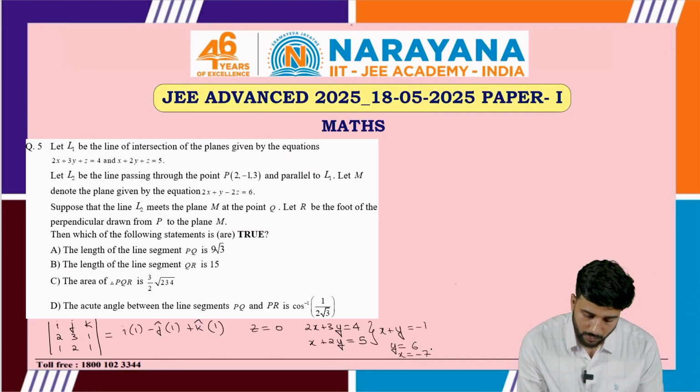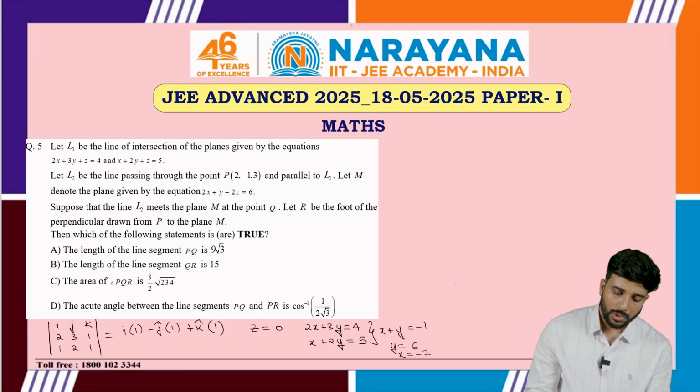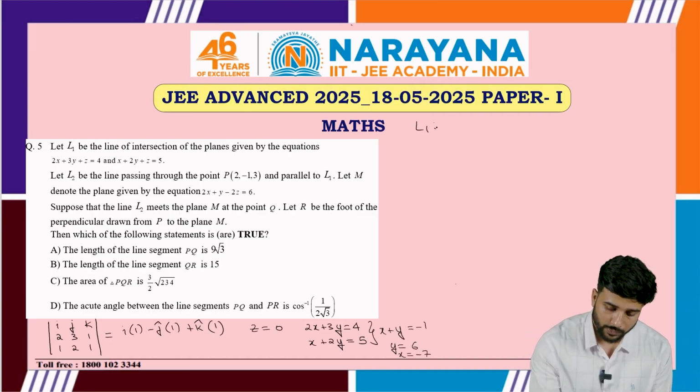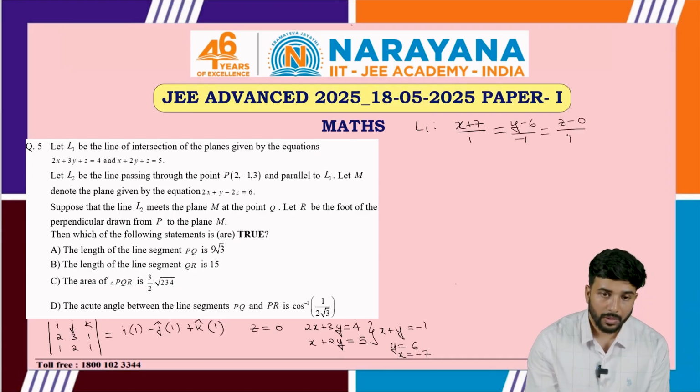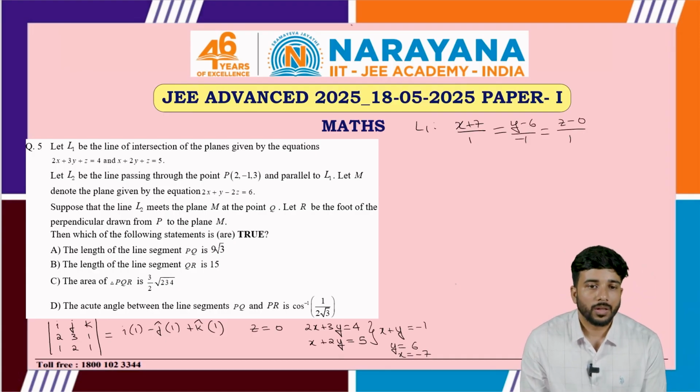Minus 14 plus 18 equal to 4. So L1 is x plus 7 by 1 is equal to y minus 6 by minus 1 equal to z minus 0 by 1. This is L1. Now L2 be a line passing through 2, minus 1, 3 and parallel to L1.